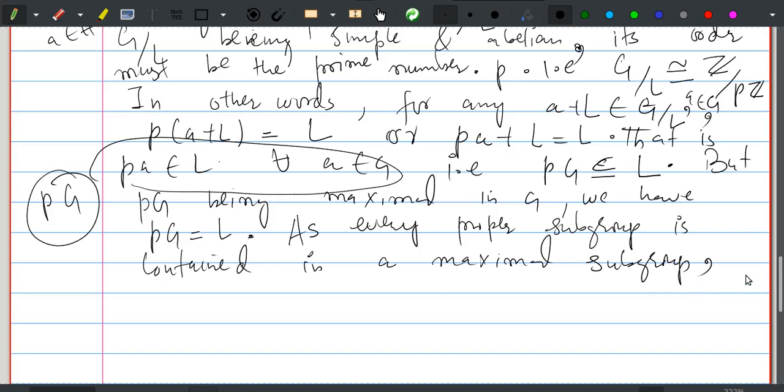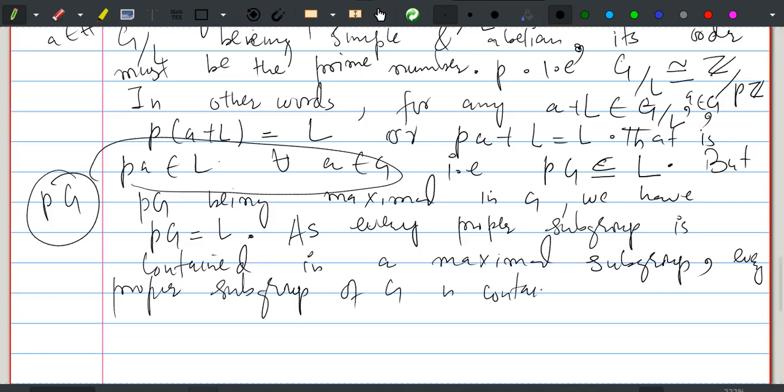So every proper subgroup of G is contained in PG.